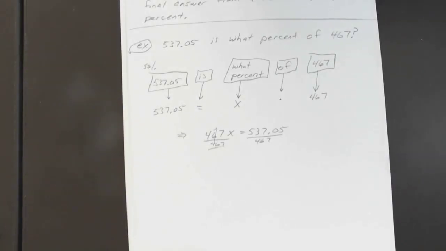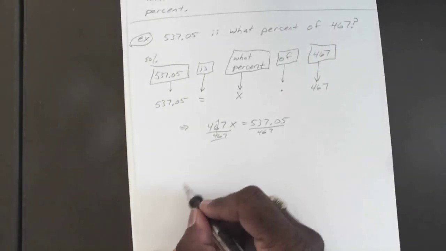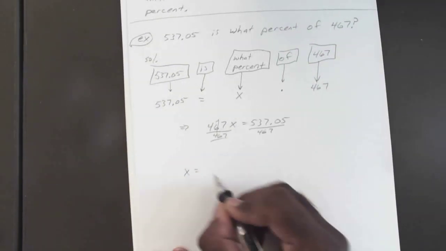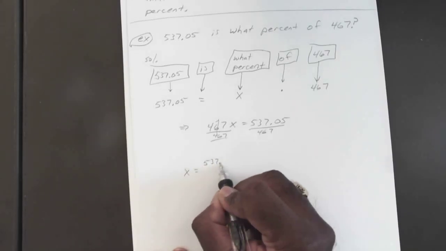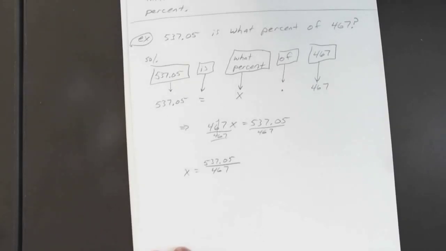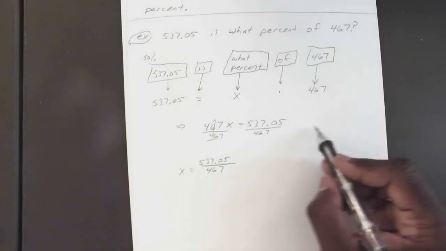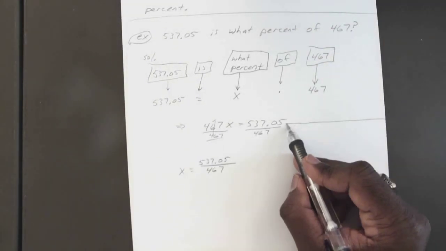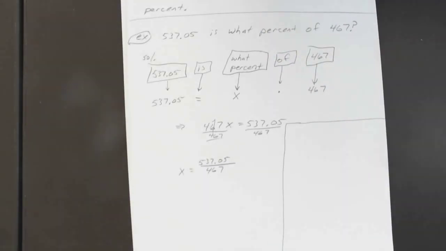Okay, anything divided by itself is just 1. Okay, so that means that X is 537.05 divided by 467, which we are going to convert right over here.